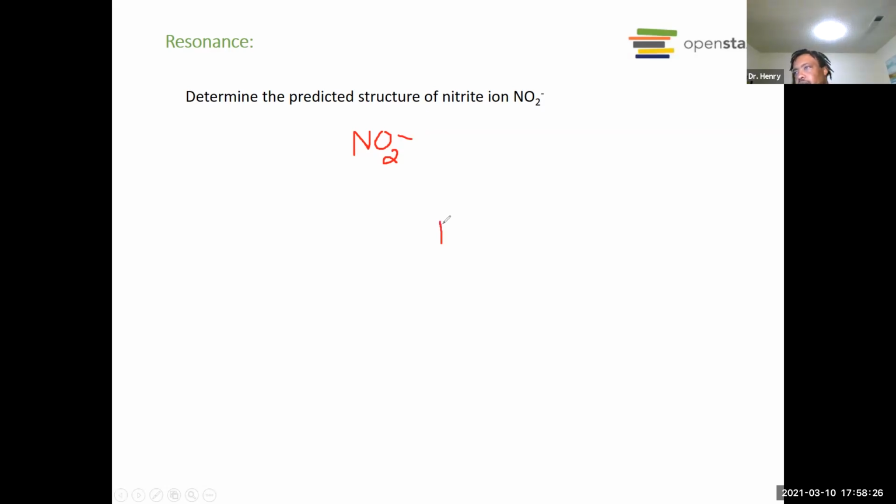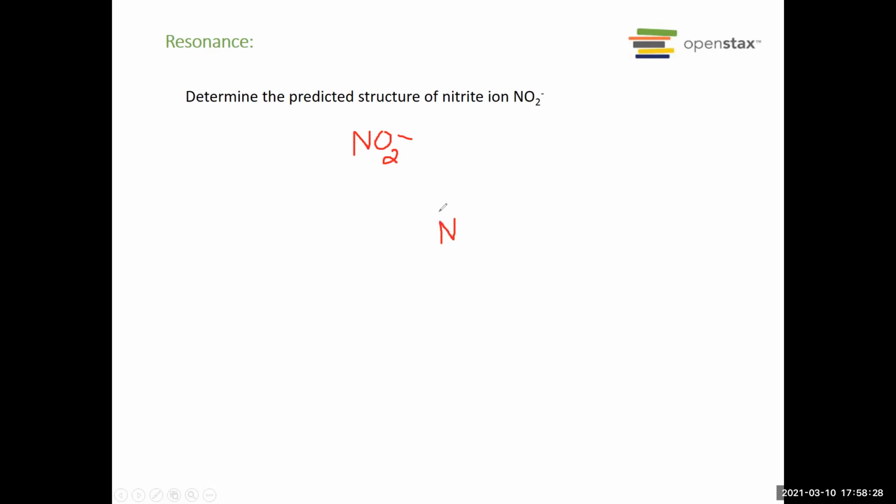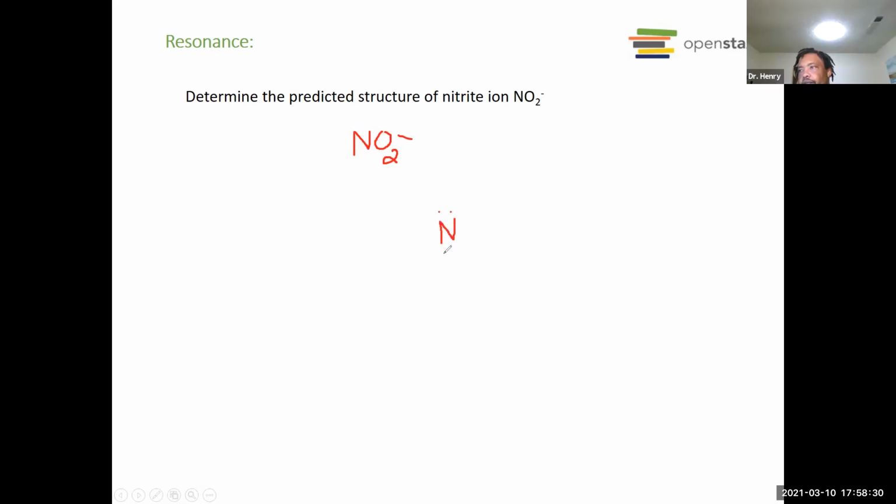Again? N. Okay. And we have 5 valence electrons. Oxygen has 6. 6 times 2 is 12, plus the 1 that we're adding because of the negative charge. So that's 18.